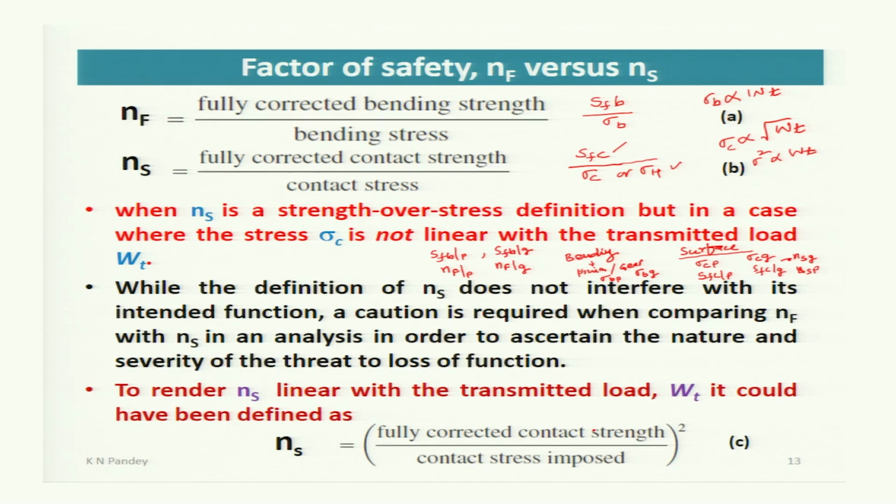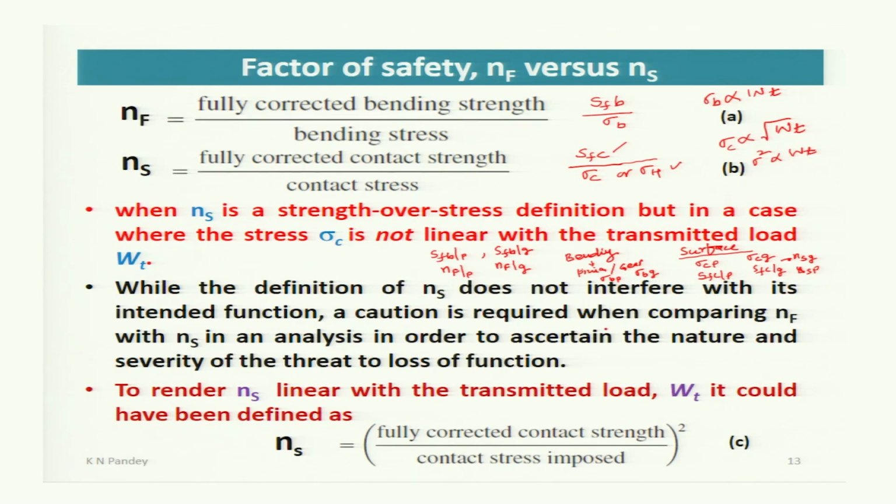Well, when comparing NF with NS in an analysis in order to ascertain the nature and severity of the threat of loss of function, we see that sigma C does not have a linear relationship with WT, but sigma B does. So directly we cannot compare them.